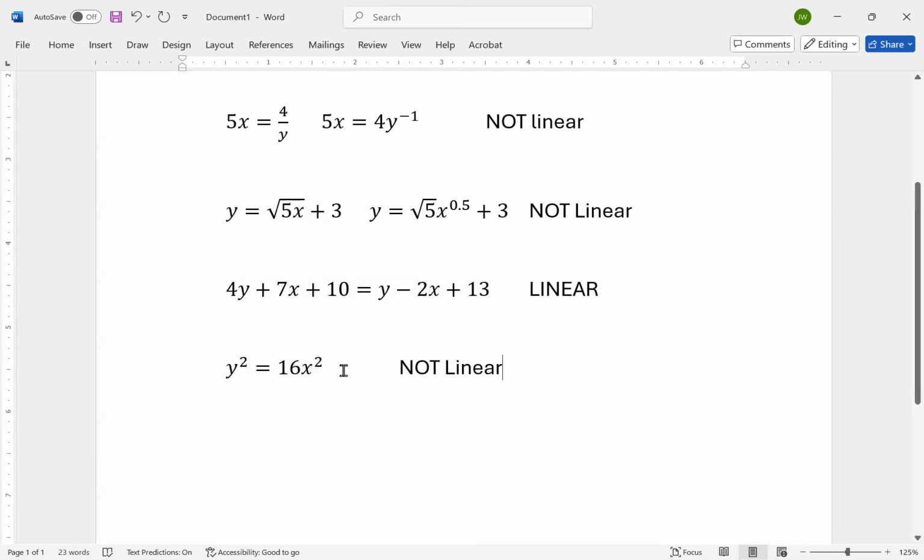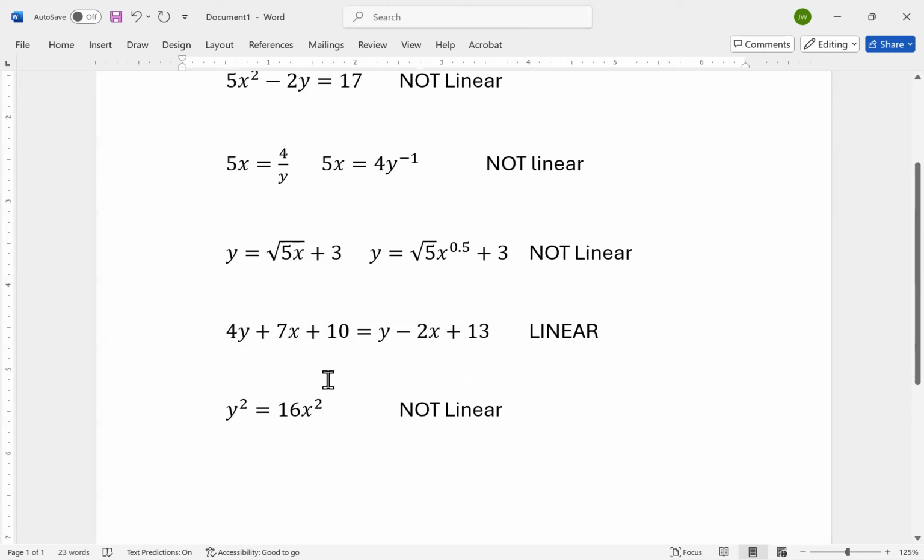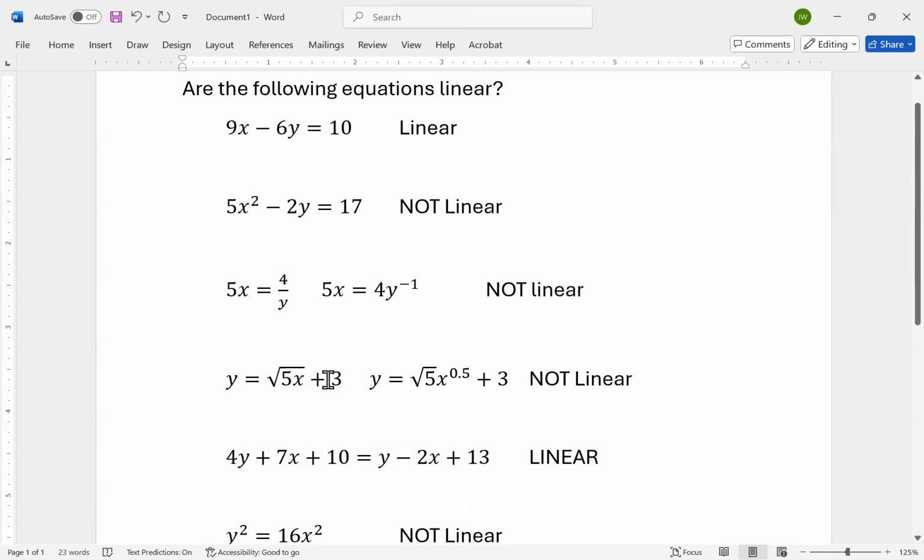You kind of could, but remember, if you take a square root of something, we have to consider both the positive and negative square roots. So this is not linear either because of the squares. So you can see when an equation is linear and when it's not.